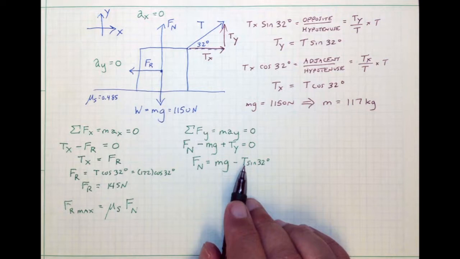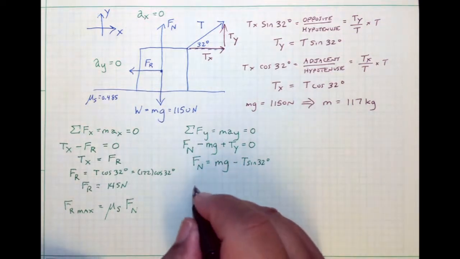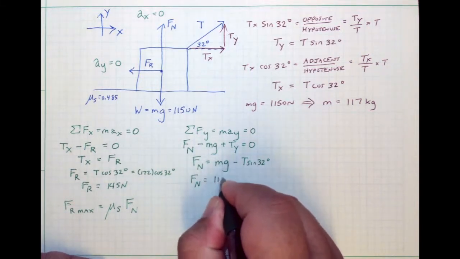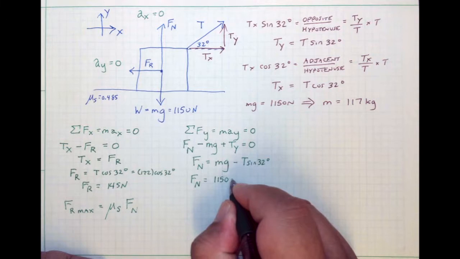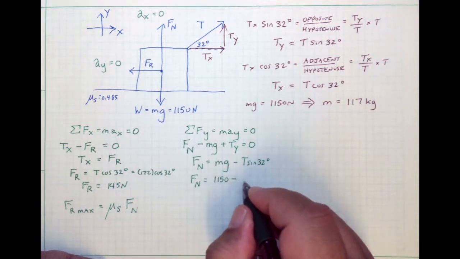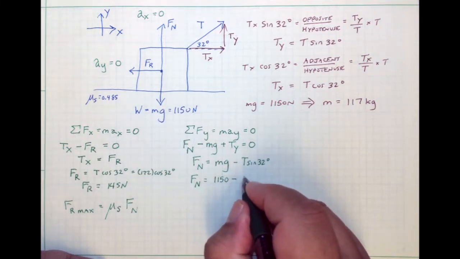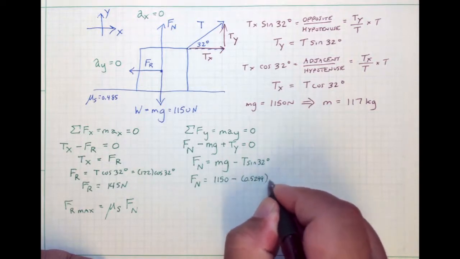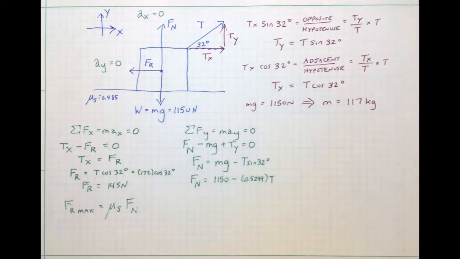And so right now, the best that we can say is that the normal force is going to be 1,150, the weight force, minus 0.5299, that's the sine of 32, times T.